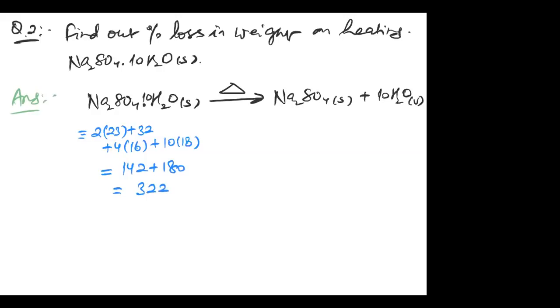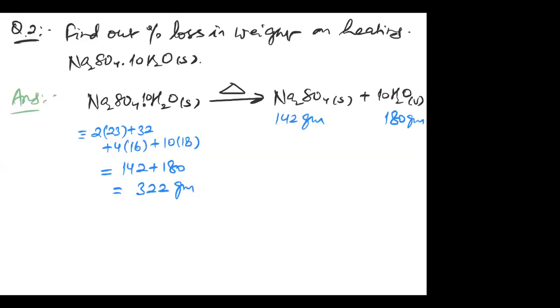And out of 322, you can imagine 180 gram is lost on heating, and only 142 gram is remaining out of 322 grams. I'm repeating again, on heating of this hydrated crystal, there is a loss of water of crystallization due to which its mass will decrease.